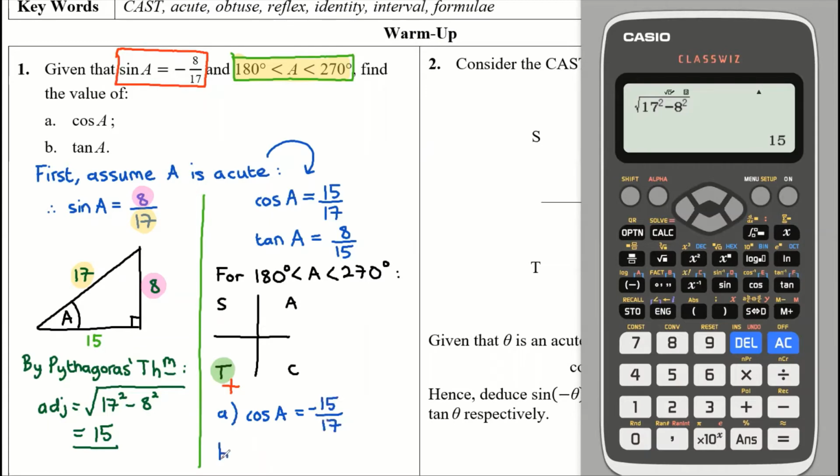And for part B, the tan is positive, so we can keep it as it is. So that's going to be 8/15. So it's a nice little use of SOHCAHTOA, combining that with the cast diagram to answer these questions.